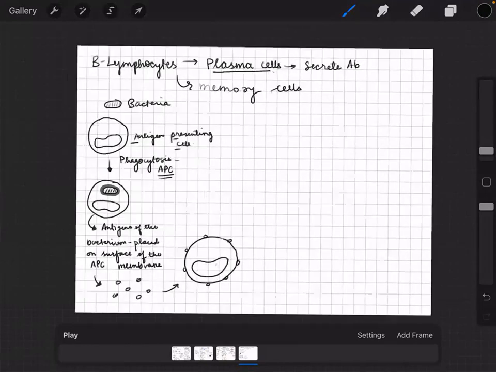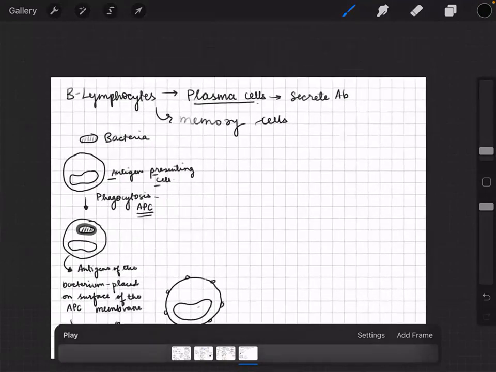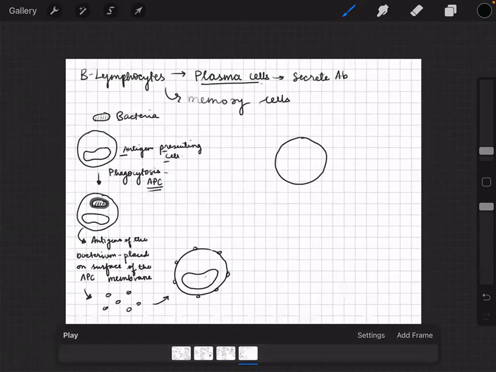Okay, and then your activated B lymphocytes. So here I'm going to draw another cell, so that I know this is where I need to take this. Now these antigens that are present over here are going to be identified by your body.